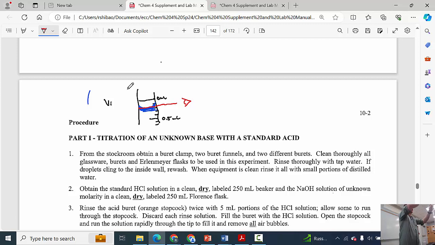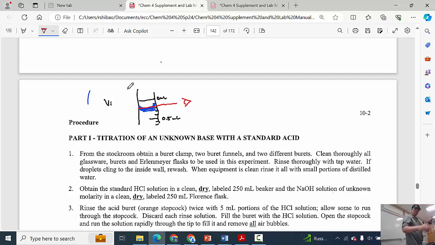So I'm going to put a little air gap here so it flows quickly, and so I can fill this up. I'm going to fill it a bit above the 0 mark.